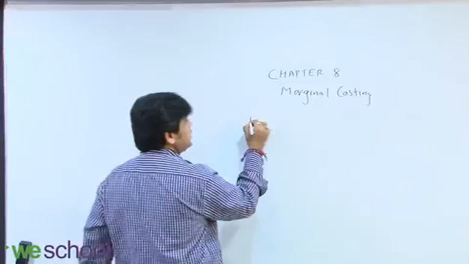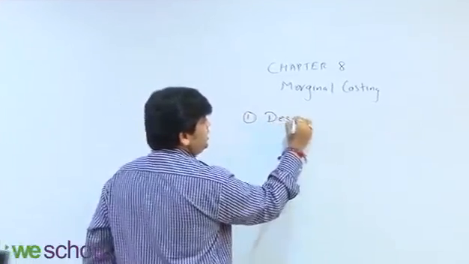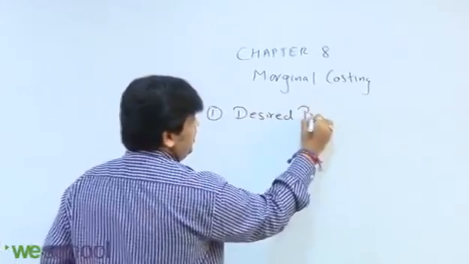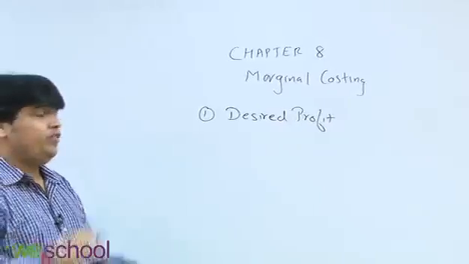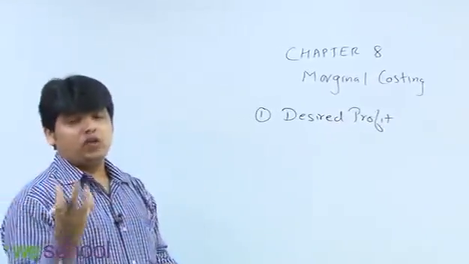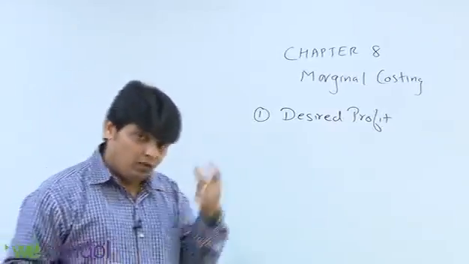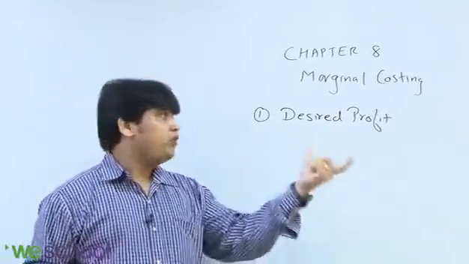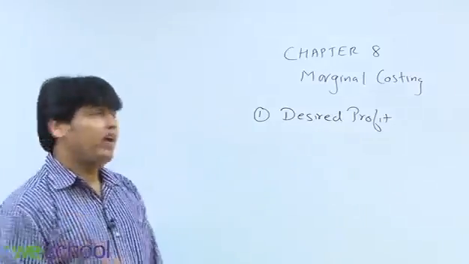First, what is the desired profit. If there is a fluctuation in the market price of material, labor and the selling price, and I want to earn a certain percentage of profit, what will be the sales units, what will be the level of activity.